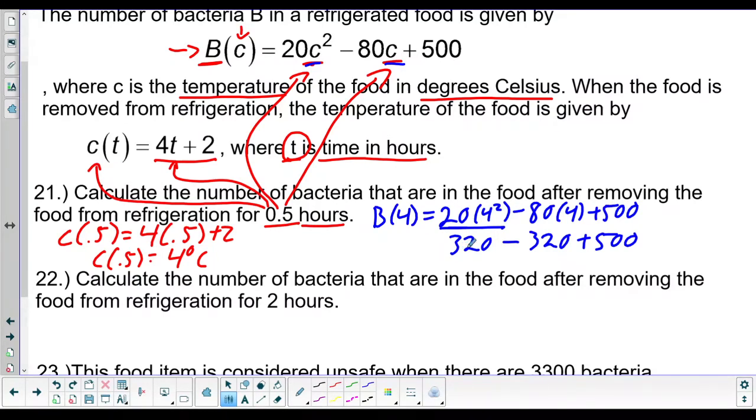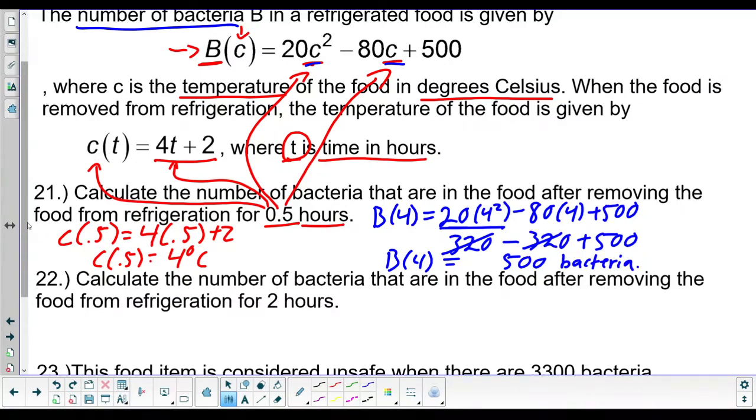So 320 minus 320 is 0. These cancel each other out, and our answer is just 500. Because this is a word problem, we should make sure we put units on this. 500, what is B measuring? It's the number of bacteria. So we're going to say 500 bacteria.